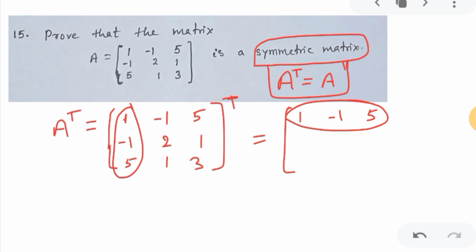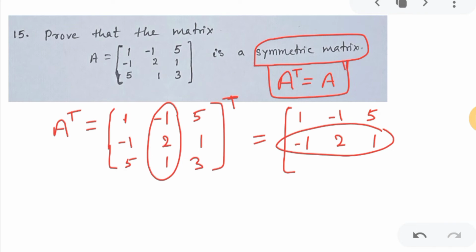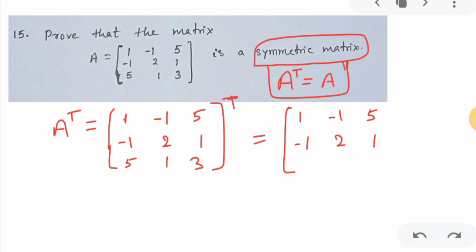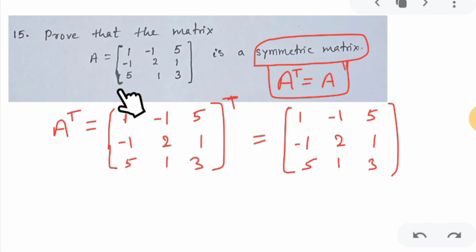So 1, -1, 5. Second column will become second row, so -1, 2, 1. Now similarly third column will become third row, so 5, 1, 3. So first column became first row, second column became second row, and third column became third row. Now I will check. This is A transpose and this is A. Now compare whether both are the same or not.